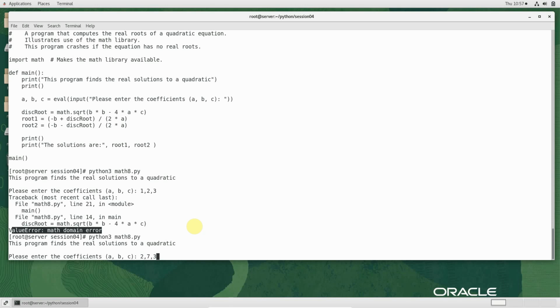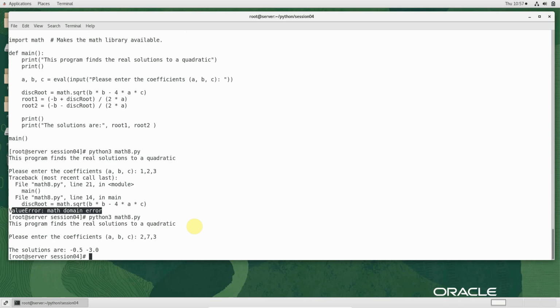So that is a positive value. At least I'll have a square root of a positive value, which will be a positive real root I will get. Correct? Hence I'll get meaningful roots here. First will be minus 5.5 and second will be 3. So this is working the way you expect quadratic equation solutions to work. So it will give you a solution. So this is a simple program using the math library, the square root function of the math library.